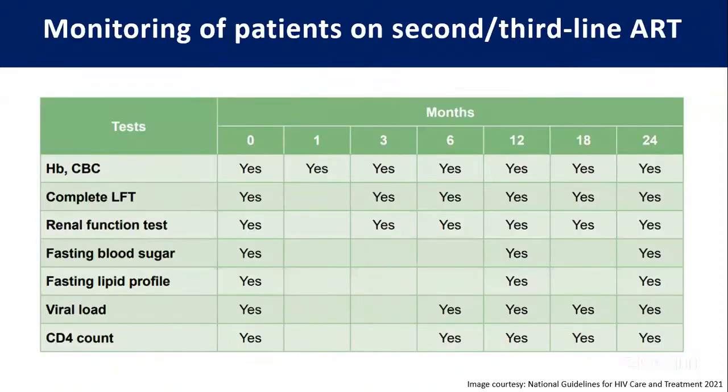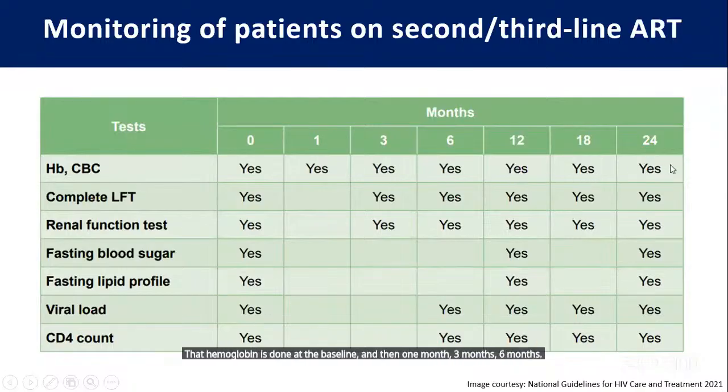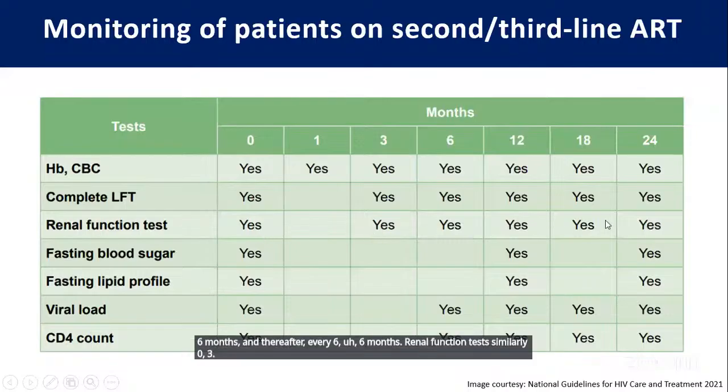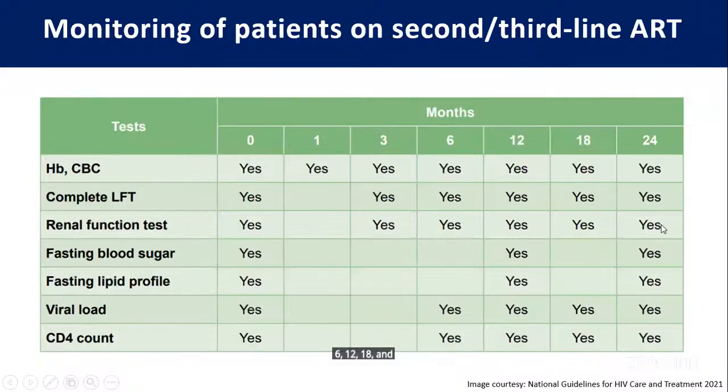These are the monitoring tools. You all know that hemoglobin is done at the baseline and then 1 month, 3 months, 6 months, 12, 18, 24 months. LFT has to be done at baseline and at 3 months, 6 months, and thereafter every 6 months. Renal function test similarly 0, 3, 6, 12, 18, and 24 months.